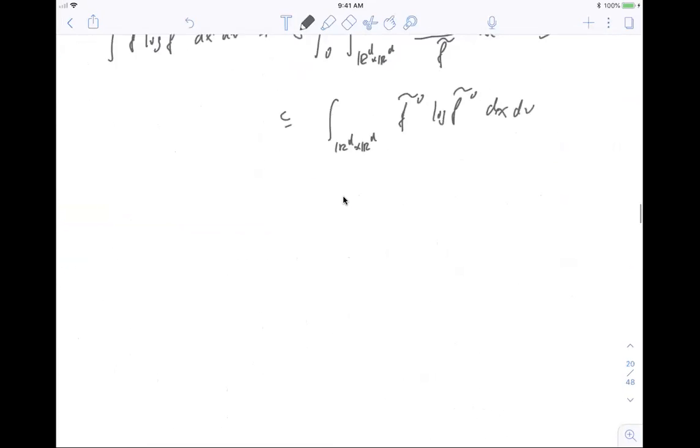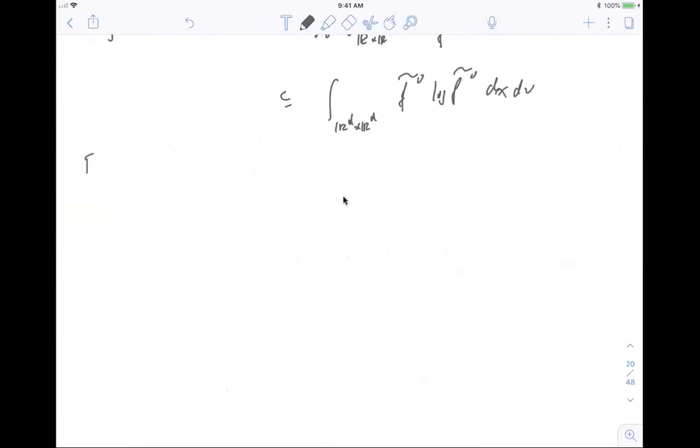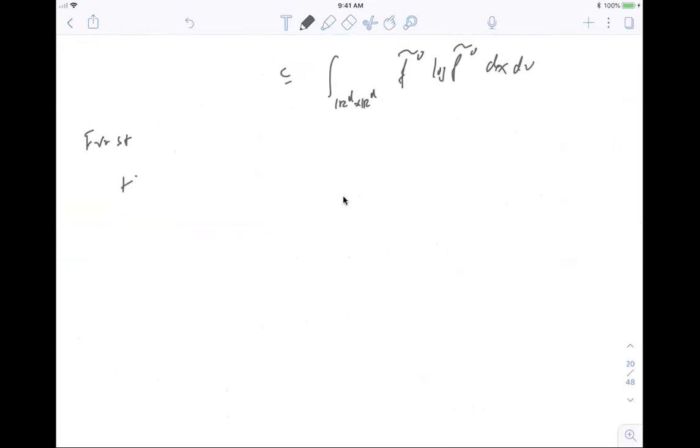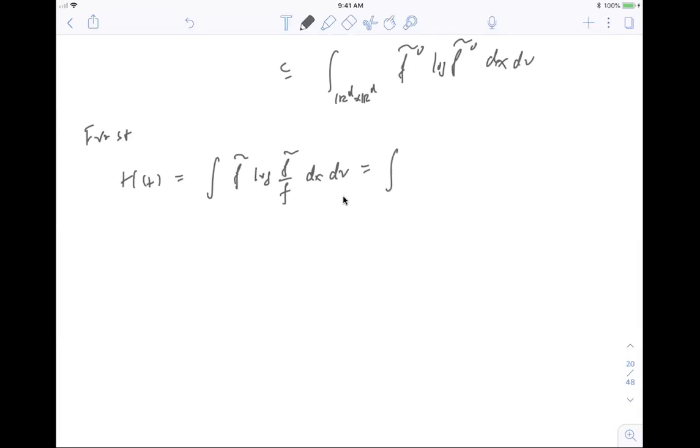So first, we can estimate this. Just write it as the difference.